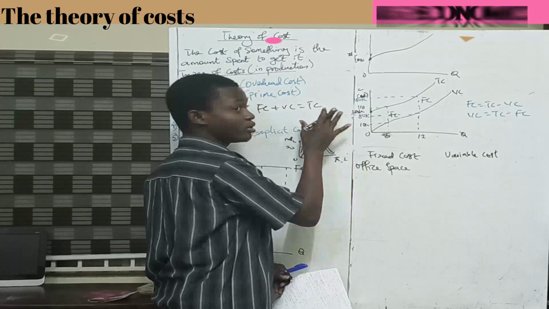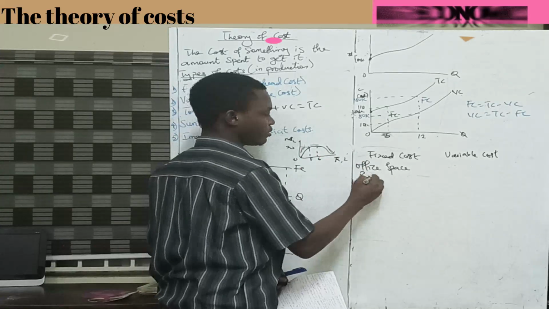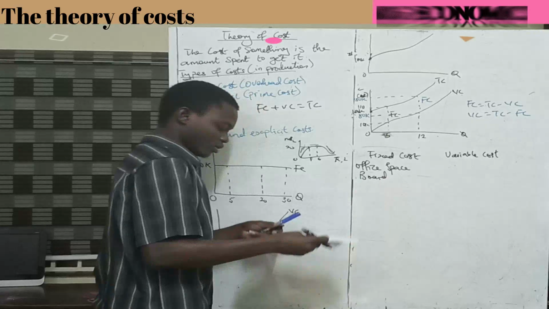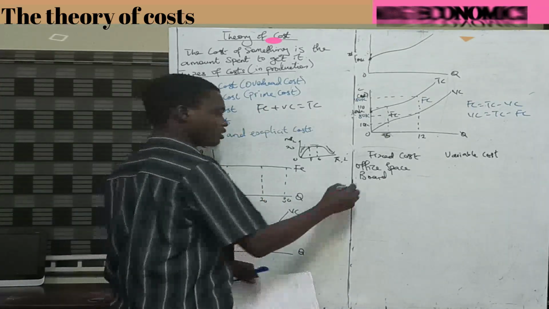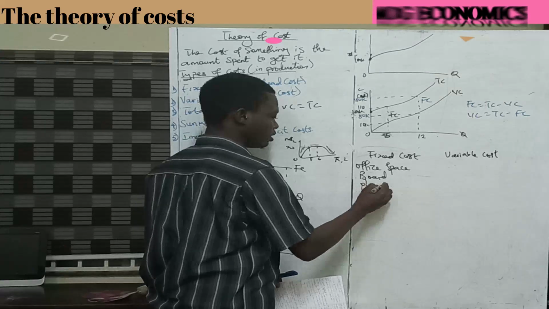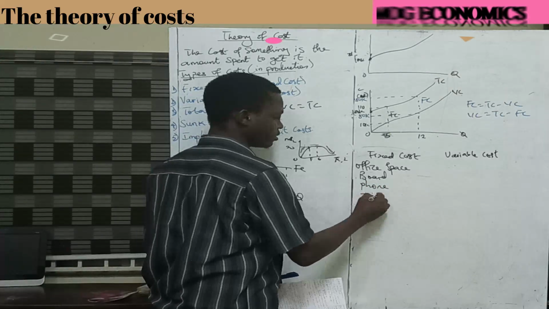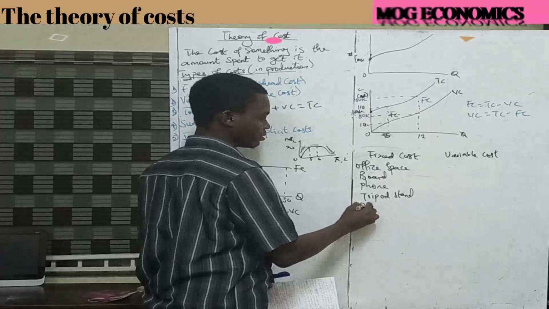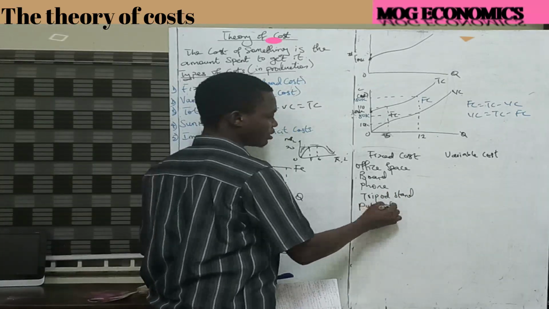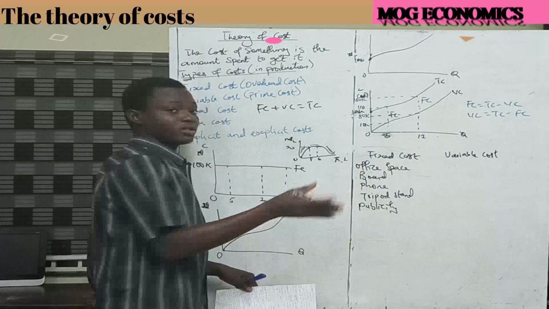Then this board, because you have the whiteboard. What else? The phone I'm using to record this, the tripod stand. Then we spent on publicity, so advertisement. All of these things are fixed because they do not change.